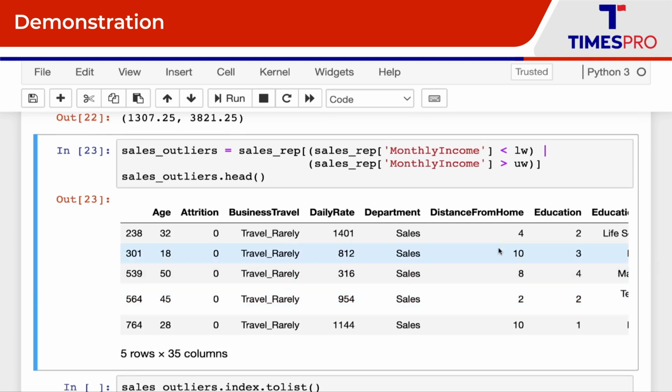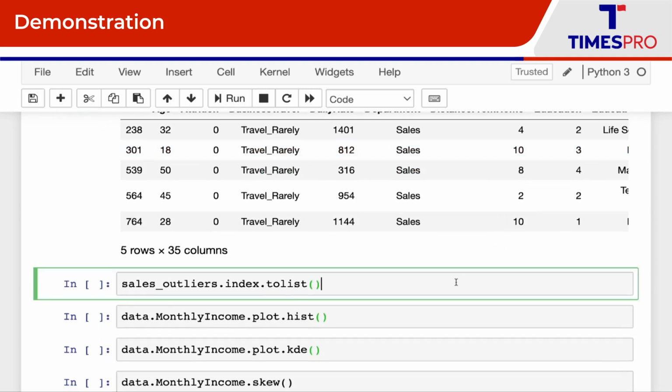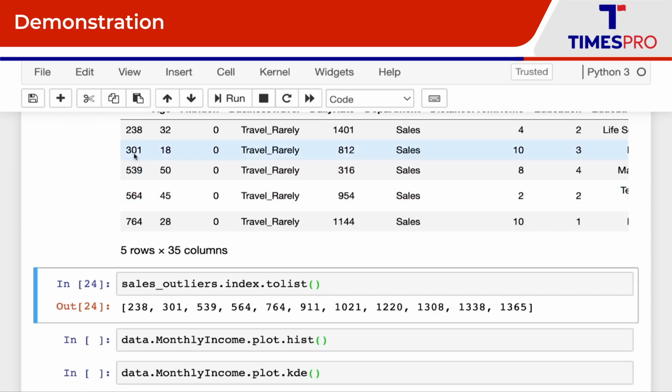Then you can decide what you want to do with those monthly incomes. You want to reduce or increase them, or you want to impute missing values and then treat those. So based on your analysis, you can decide which outlier treatment might be appropriate. You can also get those row numbers: you can just ask for the index and then convert it into a list.